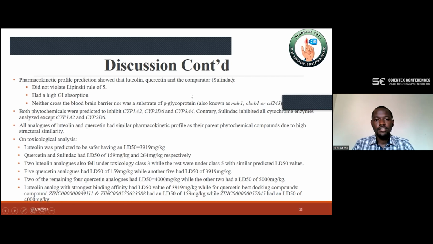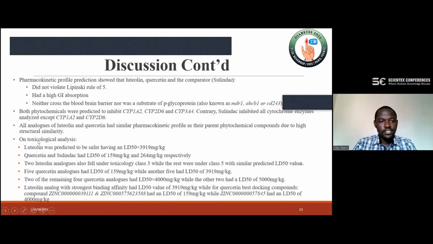So usually P-glycoprotein functions to efflux drugs from the body into luminal surfaces such as the intestine. So it decreases absorption, but in this case, it was not a substrate, which is a good thing. Both phytochemicals were inhibitors of cytochrome 1A2, 2D6, and 3A4. Potentially, this could be drug-drug interactions, but with further modifications, we could get better compounds.